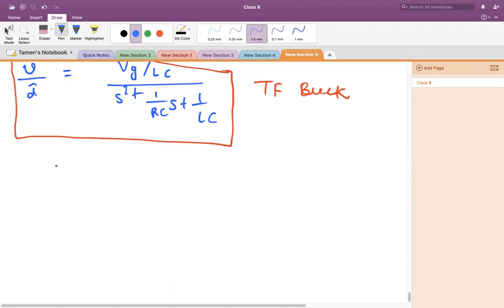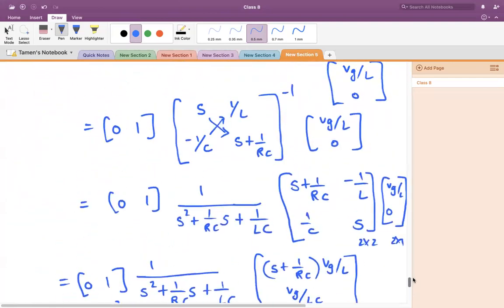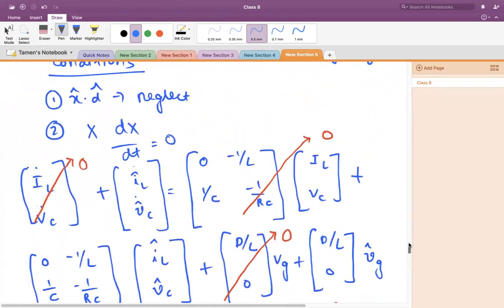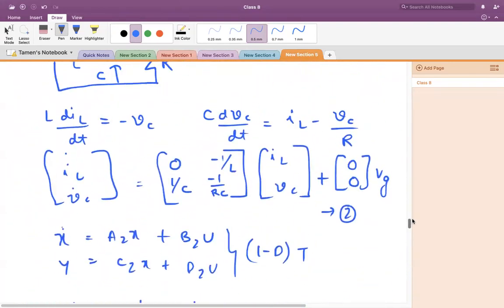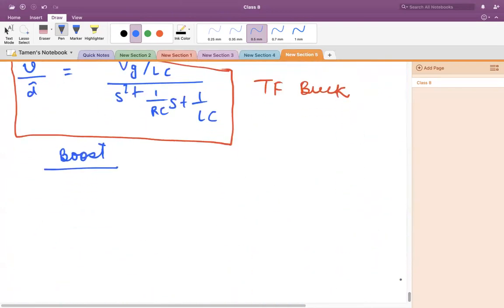Next, similarly, our explanation comes to the next part called boost. I think for Buck, you have understood most of the things. So for boost, I don't need to require much, but I will go into the equations. Just check once.